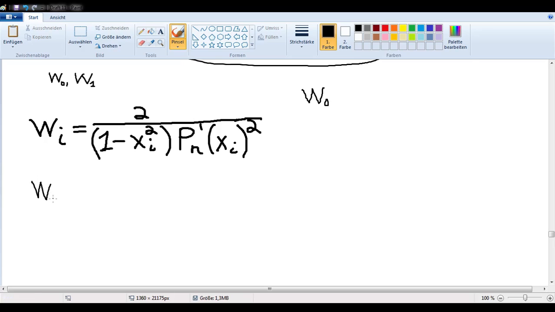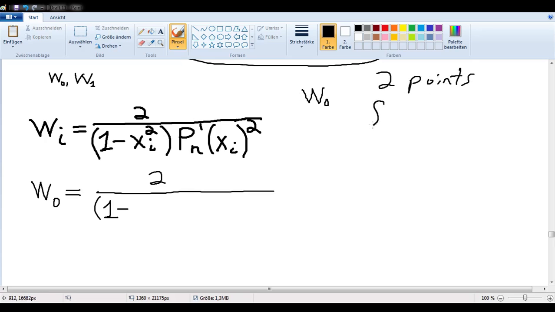So w naught would be equal to 2 divided by 1 minus, now what were our points in our original example, right? When we know 2 points, you may remember that the 2 points on the curve that we needed were f of -1 over the square root of 3 and f of 1 over the square root of 3. Those were the 2 points we needed.